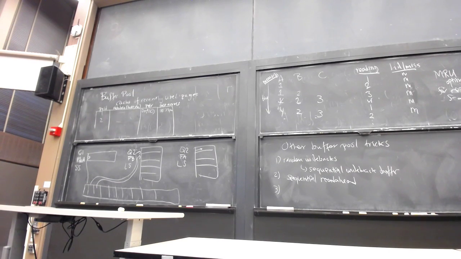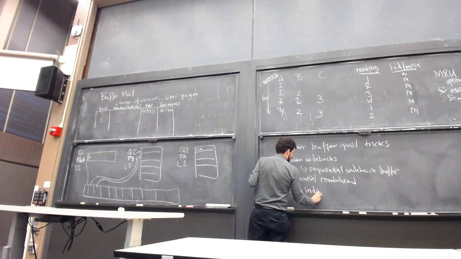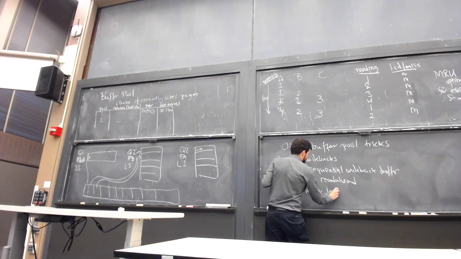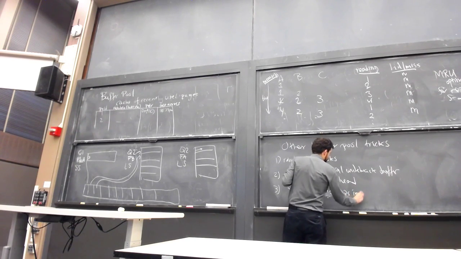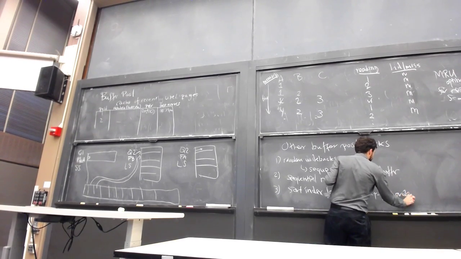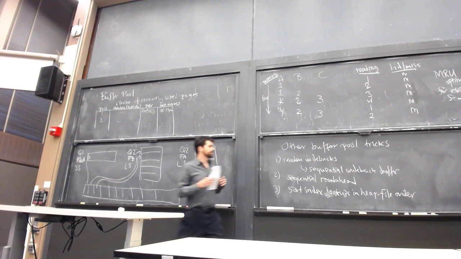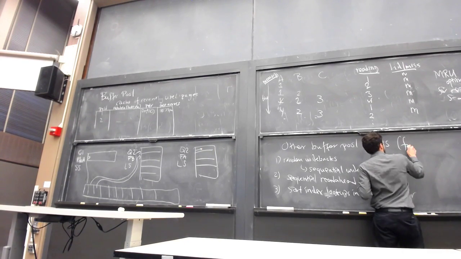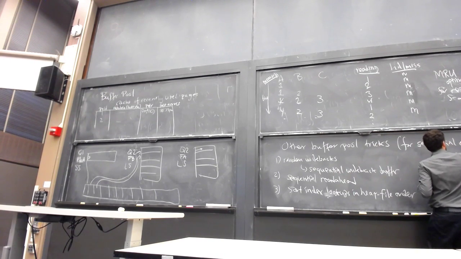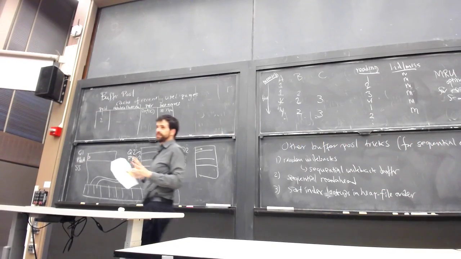Okay, so sort index lookups. So these are all really about getting sequential access, going from random IOs to this world where we do all of our IOs as sequentially as possible.